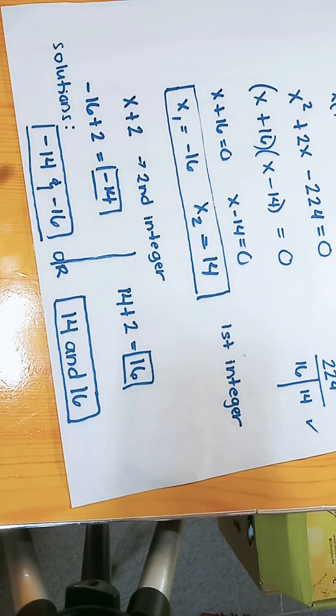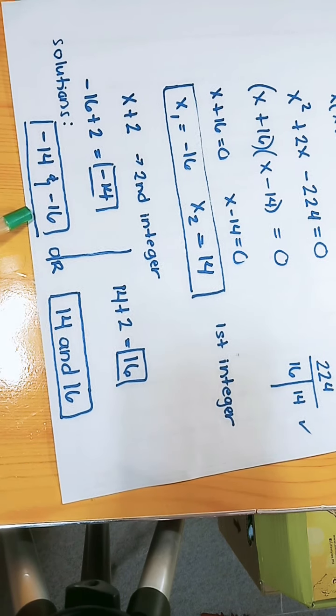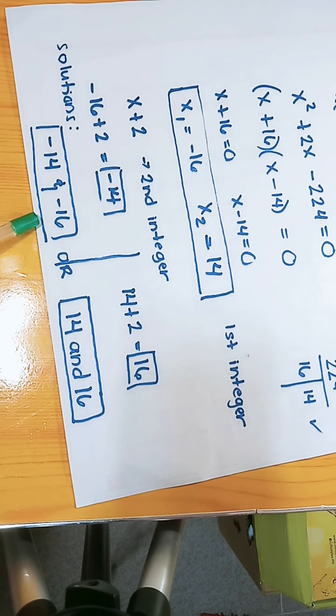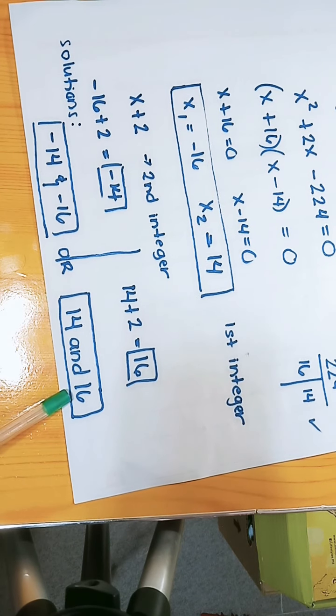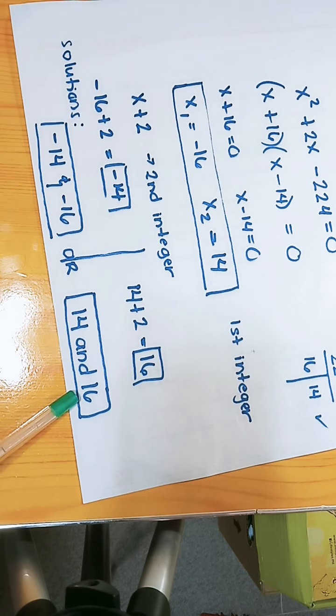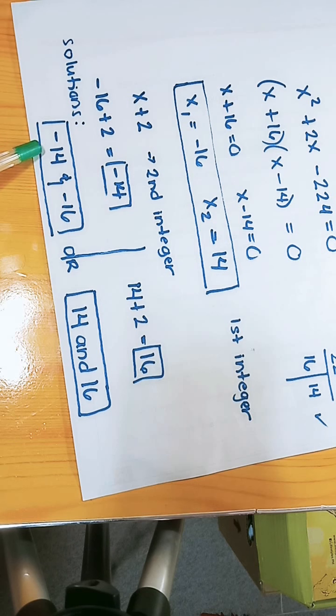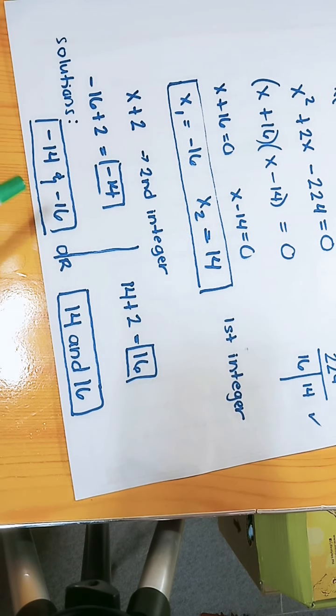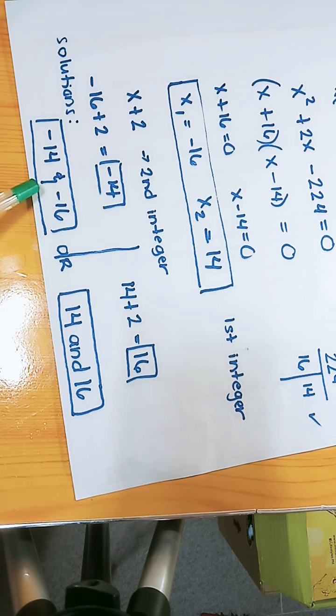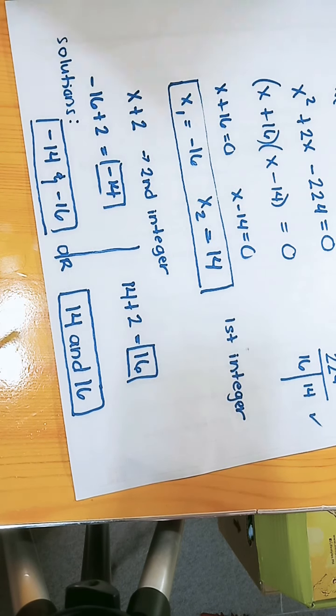Take note that these two numbers are also even integers, although they are negative. Same thing with positive 14 and positive 16. If you multiply 14 and 16, you still arrive at positive 224. And if you multiply negative 14 and negative 16, the answer is still 224. So, there are two solution sets for problem number 2.